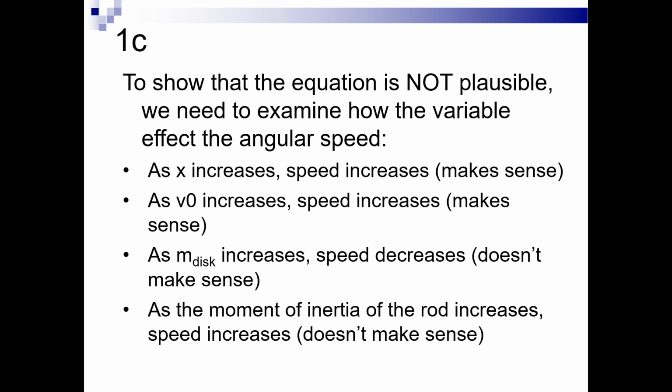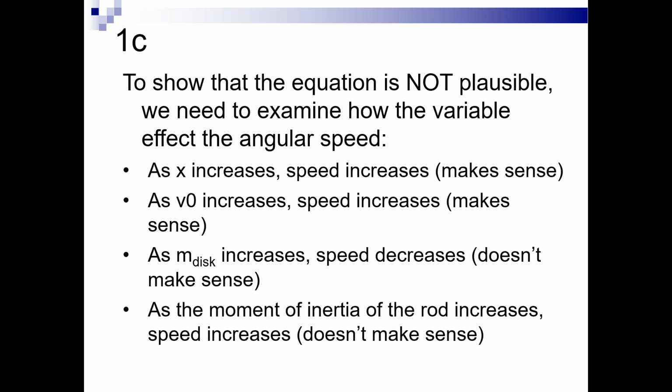And then the higher the moment of inertia of the rod, the I of the rod, the faster it goes, which makes less sense. The heavier the rod is, it should slow things down. But in this case, it speeds it up, which doesn't make sense. So there are two of the variables that work and two of the variables that don't work. So that equation is not plausible.